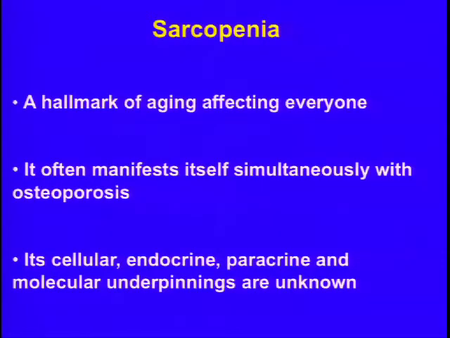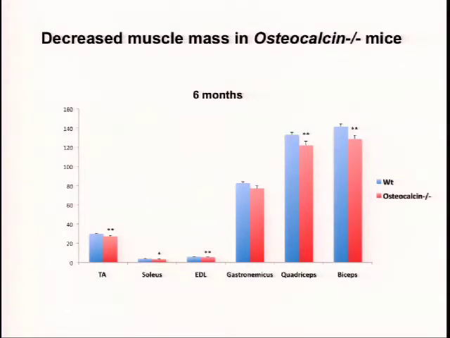And therefore, we were interested to know if osteocalcin was contributing to maintaining muscle mass, and if the absence of osteocalcin or decreasing bone mass would precipitate sarcopenia. So we looked in osteocalcin null mice, and maybe the first thing to see on this slide is that we looked at 6 months of age. We looked before, as I will show you, but this is a manifestation that occurs with aging.